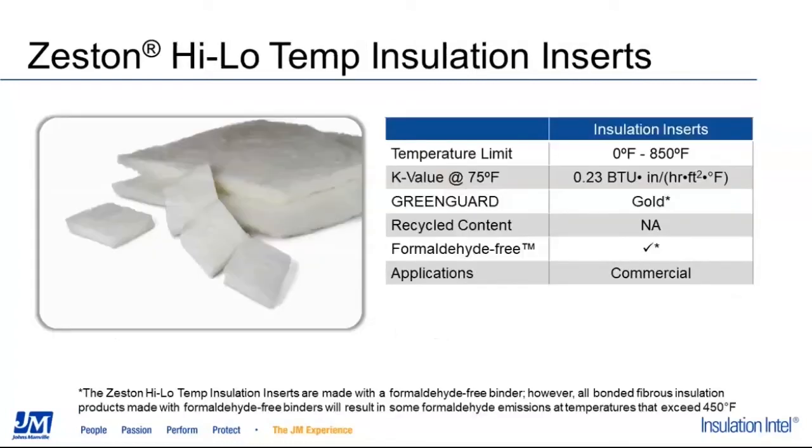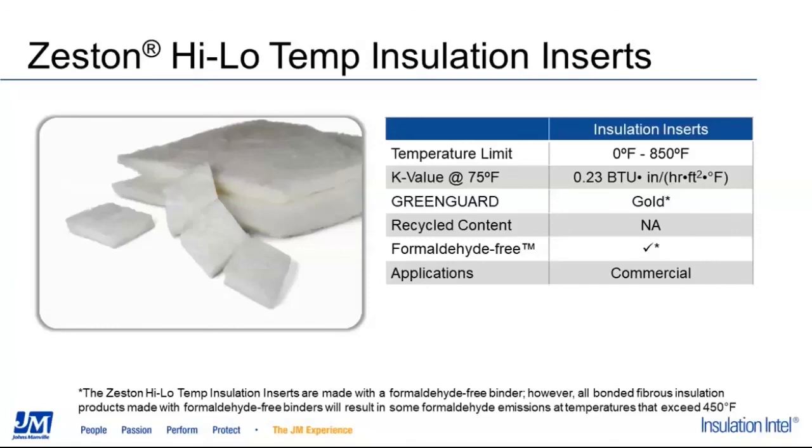Let's look at our insulation inserts. These inserts are rated for temperatures up to 850 degrees Fahrenheit. So that's the same maximum use temperature as for Microlock HP, which is great so that you can have Microlock HP for straight sections, and for any fittings and elbows, you can have the Zeston high-low inserts. It has a great K value.